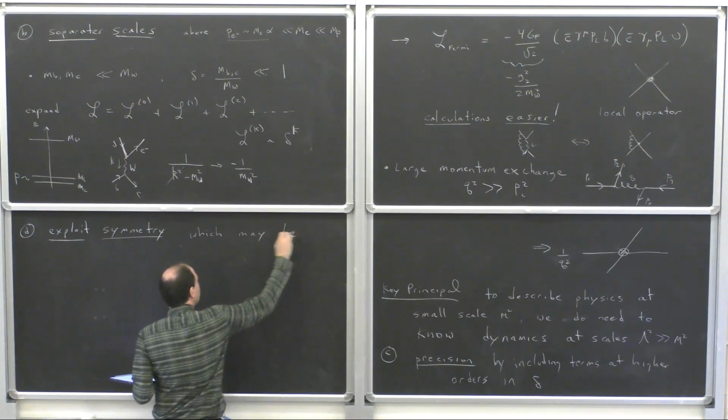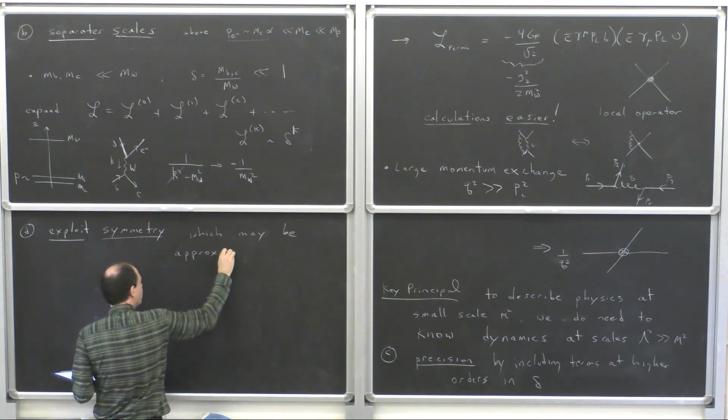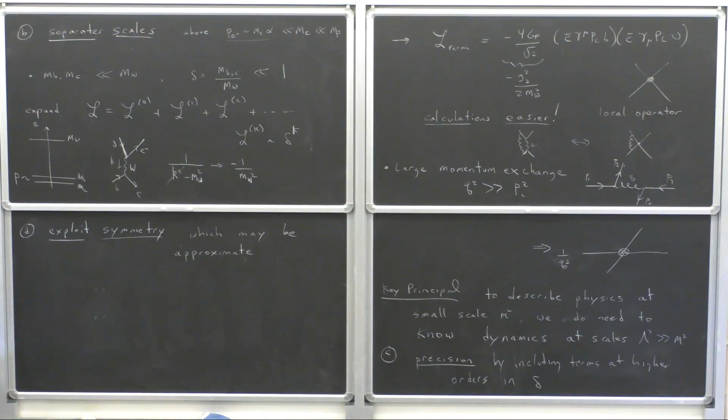So they might not be exact symmetries of the full theory, they might be approximate. But if they're approximate in a way where the subleading things that are breaking the symmetry are small, then we can have an approximate symmetry that's, say, of the leading order Lagrangian that then gets broken only by higher orders.